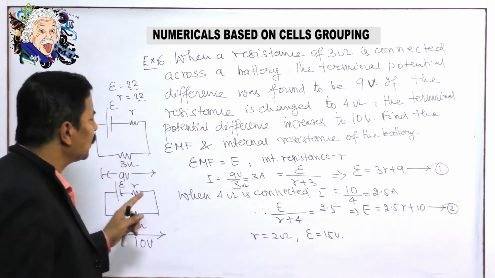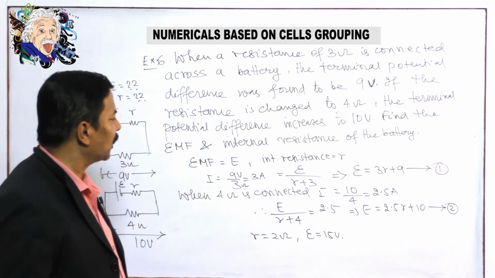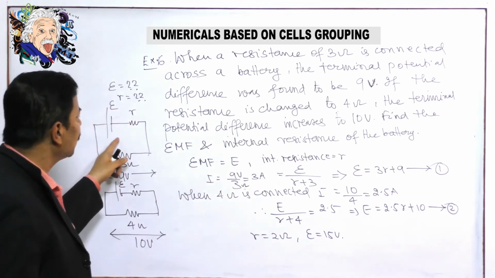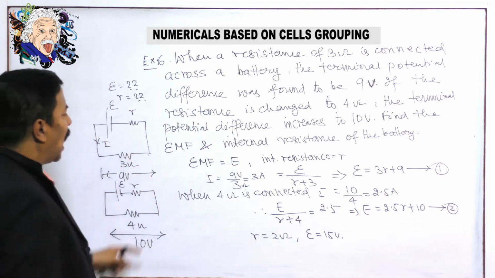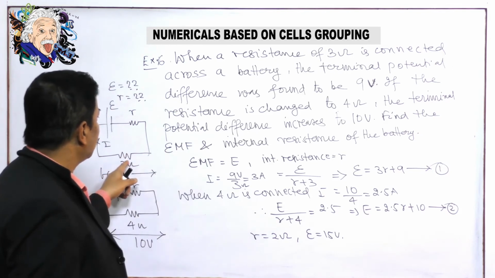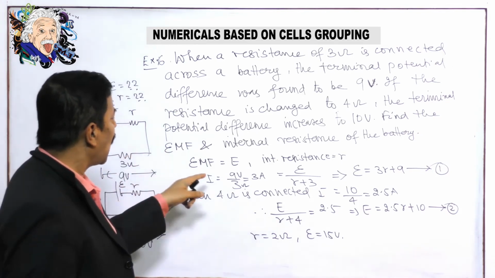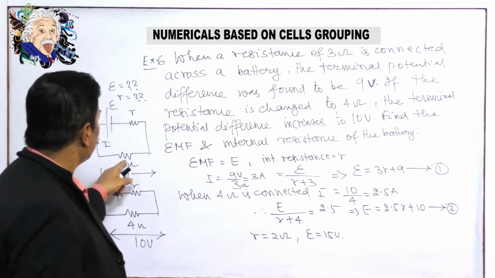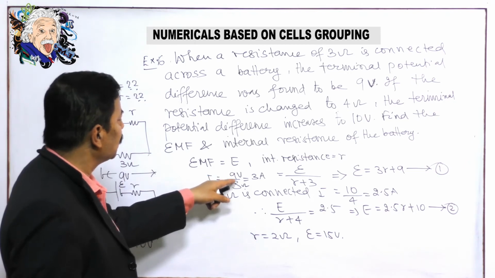Now in this situation, I have supposed E is the EMF and r is the internal resistance. In the first case, to find the current, I is equal to the terminal potential difference divided by the external resistance, so it is 3 ampere.